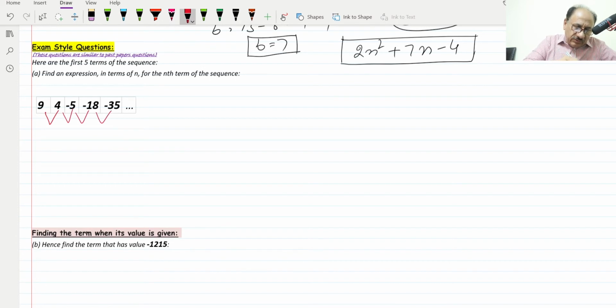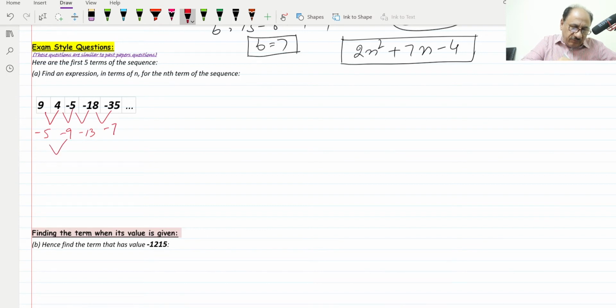These first differences: 4 minus 9 will be minus 5, and next will be minus 5 minus 4 will be minus 9, minus 18 minus 5 will be minus 13, and similarly minus 35 minus 18 will be minus 17.